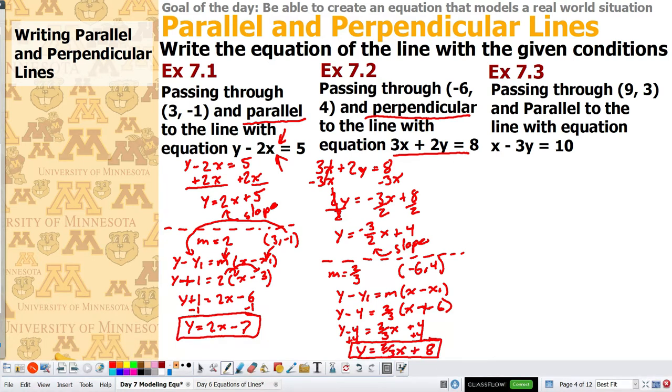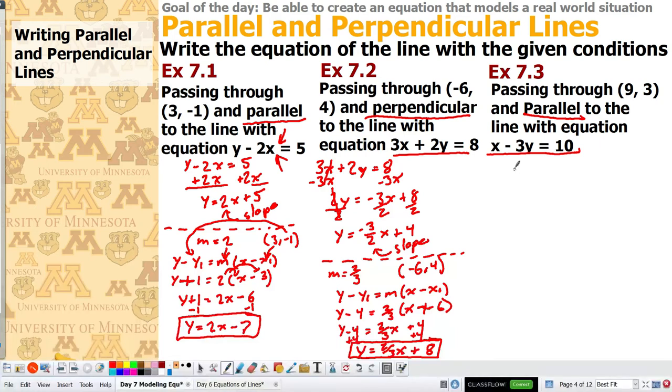All right, hit pause, see if you can create the equation that passes through (9, 3) and is parallel to the line with the equation x minus 3y equals 10. The first thing I need to do is figure out my slope.